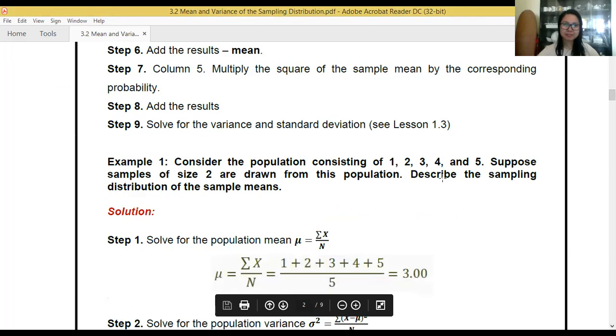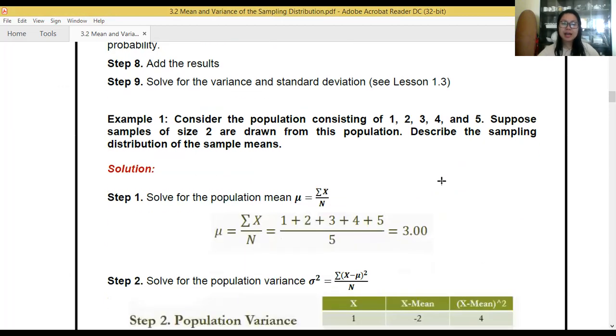Now let's start. For example, in example number 1, we consider the population 1, 2, 3, 4, and 5. Suppose samples of size 2, it means 2 elements per group, are drawn from this population. Describe the sampling distribution of the sample means. Step 1, we'll solve for the population mean.